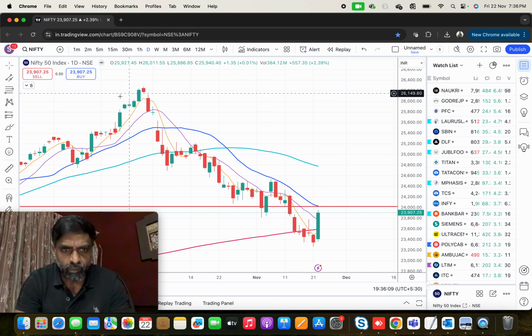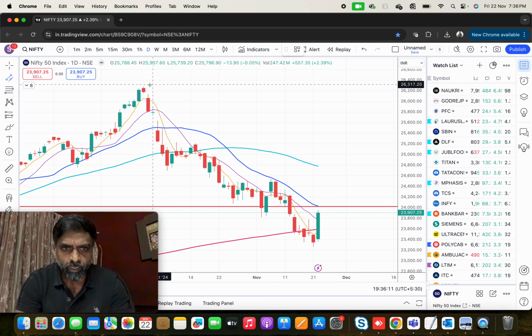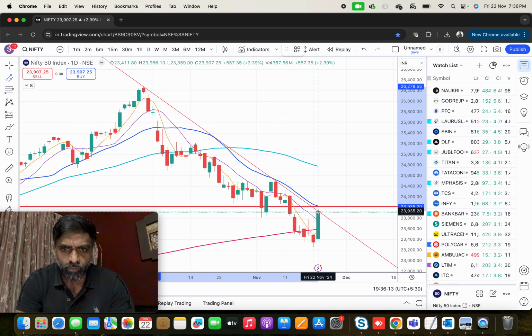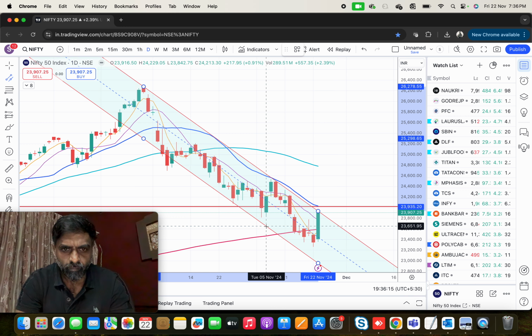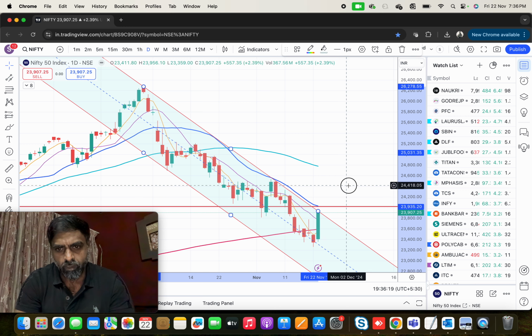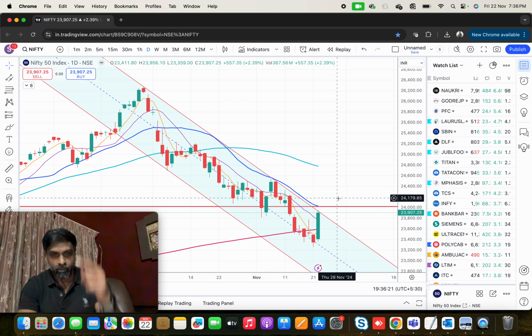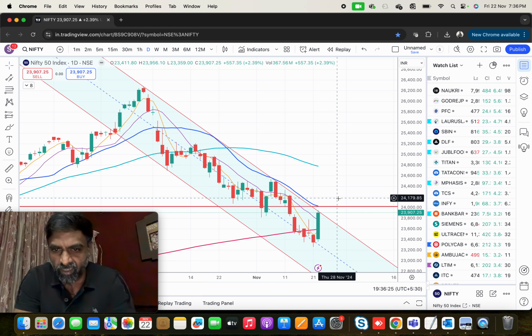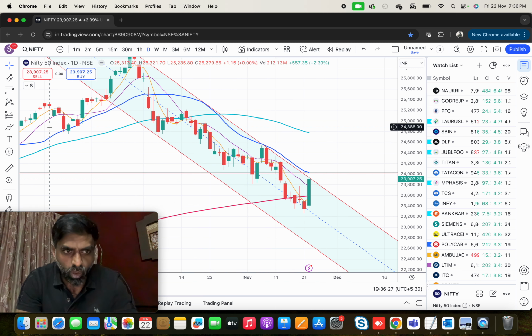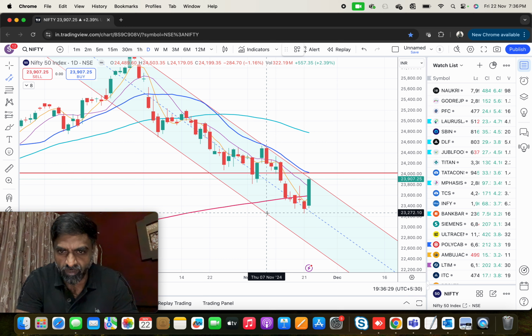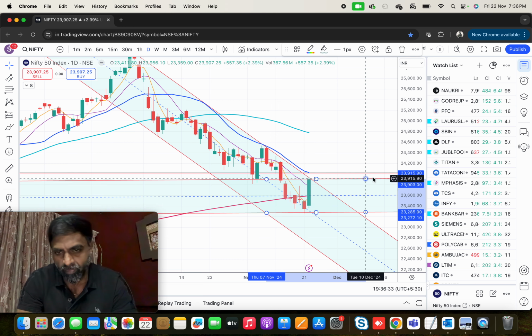Now the question is, in both cases, with the channel that we have drawn, it's at the top. If you take it the other way around, that comes to the middle of the channel. That means there is some resistance that it actually hit. And even if you put the boxes, by box theory it is at the top of that area.